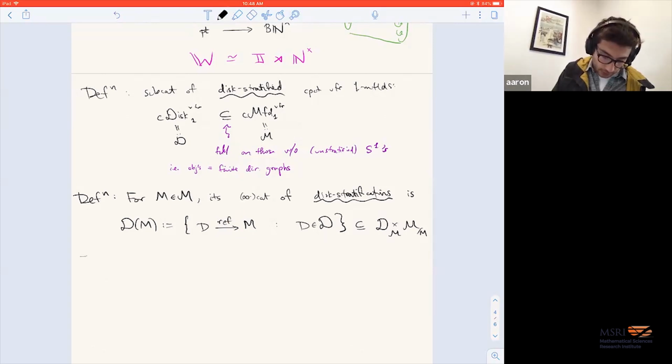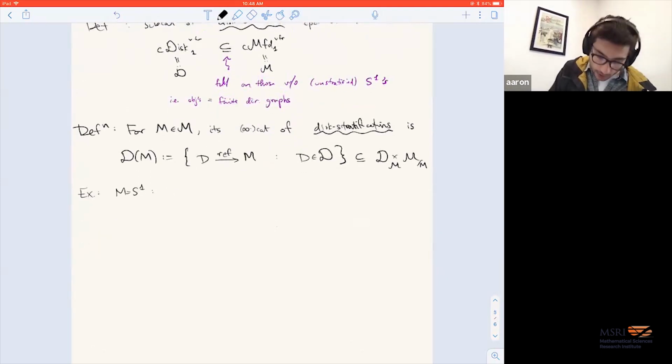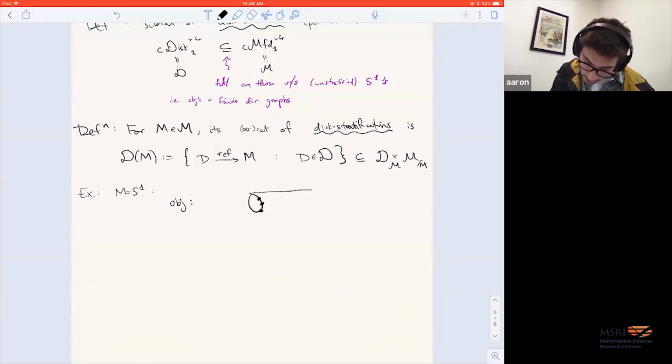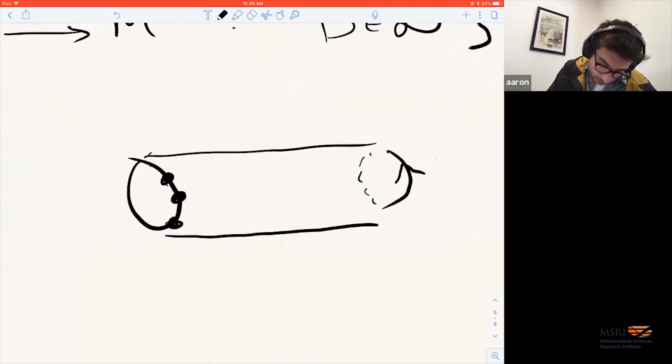So let me do the example. M equals S1, the unframed smooth circle. So the objects are refinement morphisms to the circle from disk stratified things, which means I must put at least one dot on the circle. I'll put 3. And then I have a morphism to the smooth circle. And well, this is framed. And so note that actually all of these must have compatible framings as well.